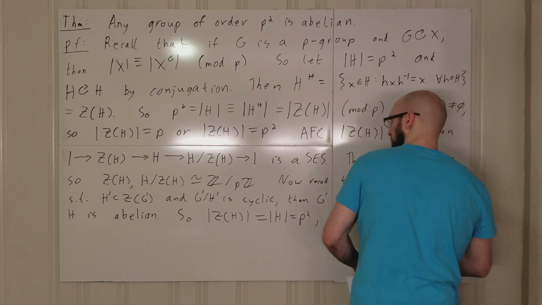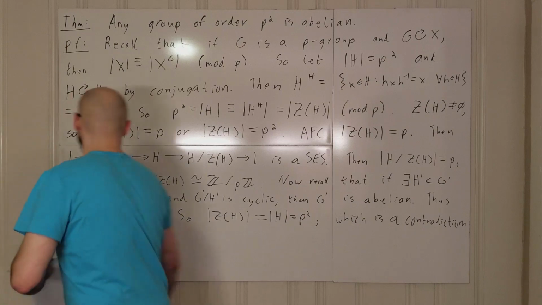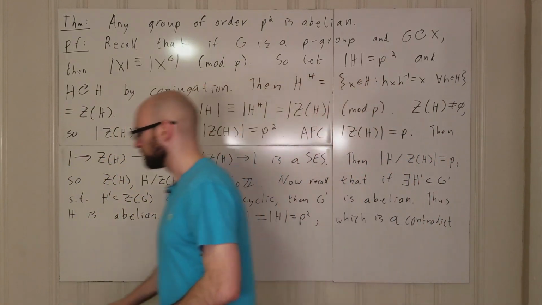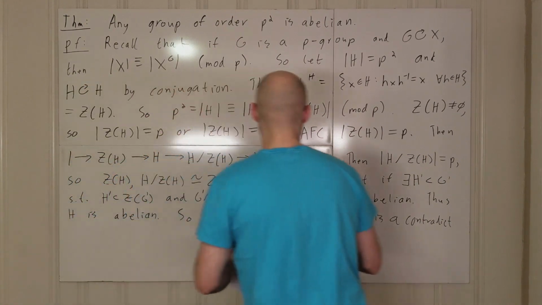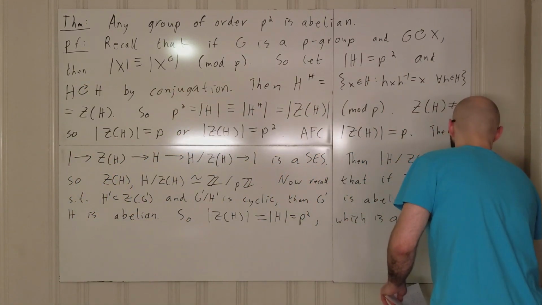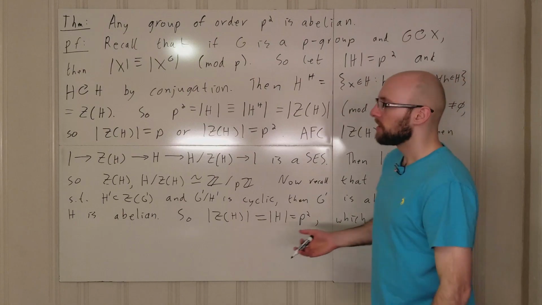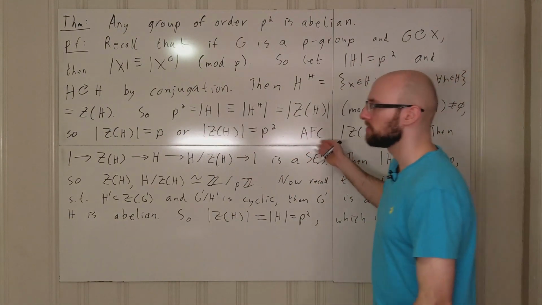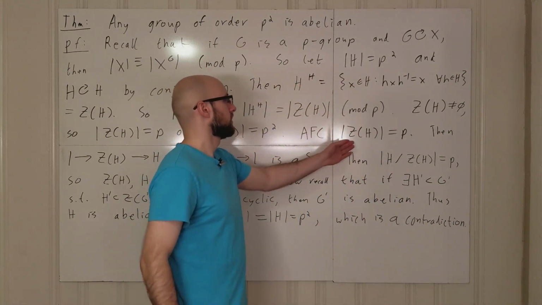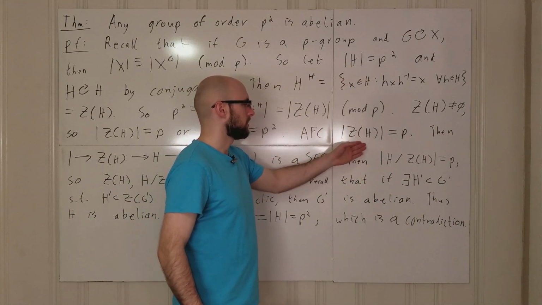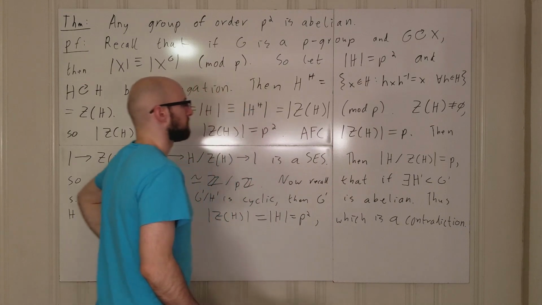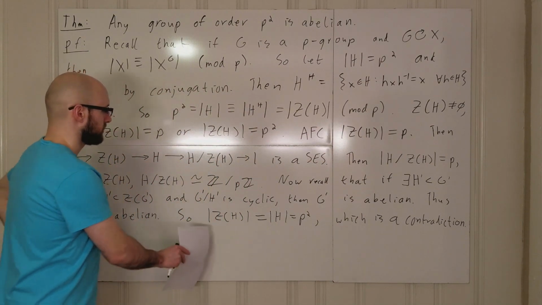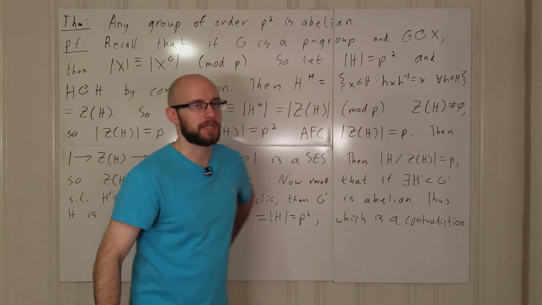Now, when you see this contradiction proof, since we concluded that the size of the center of H is equal to p squared, you might think that, oh, maybe you didn't have to assume for contradiction that this was true. Maybe you could have just started with the center of H and gone from there, proving that the center of H must have size p squared.